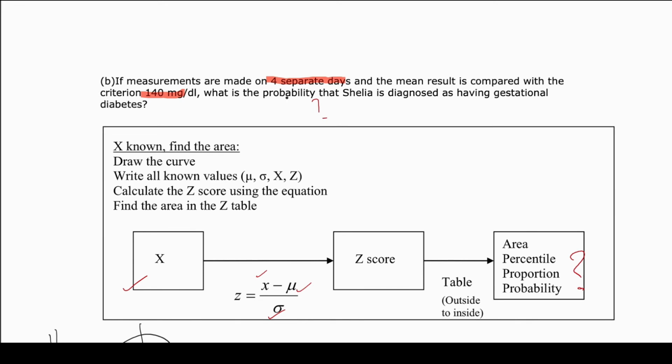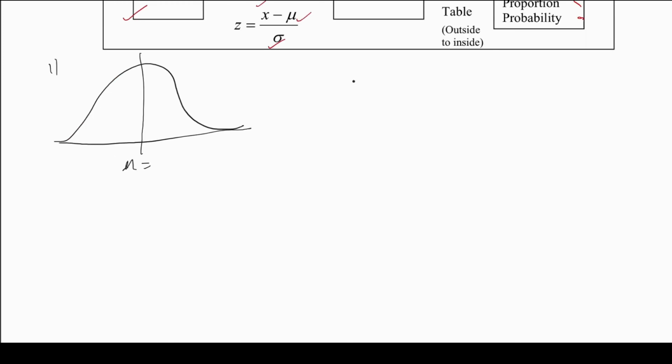What is different here is the sample size n, because if the measurements are made on 4 separate days, that means our sample in here is 4. Okay, so that is something different.